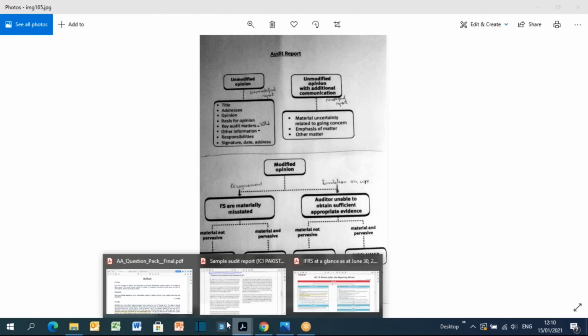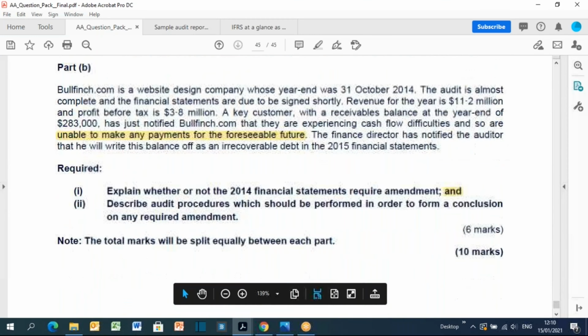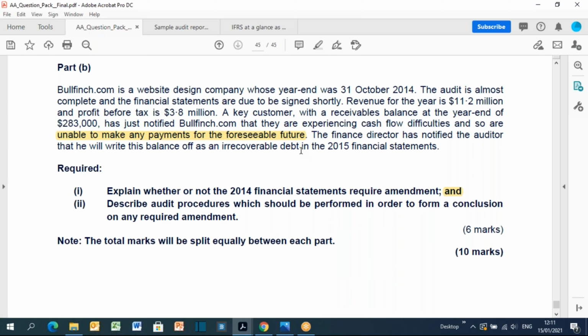And if we look at the next example, it talks about the company that gives the revenue and the profit before tax, so you calculate materiality. It says that a key customer with a receivable balance at the year end has notified the company that they are experiencing cash flow difficulties, and so they are unable to make any payments for the foreseeable future.